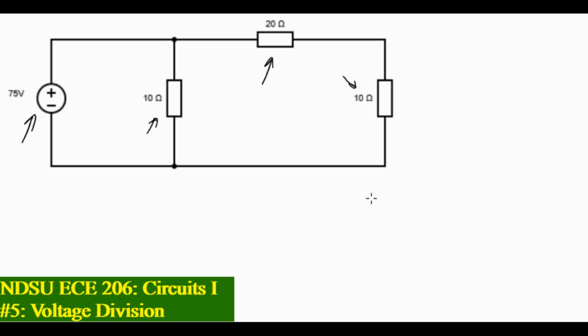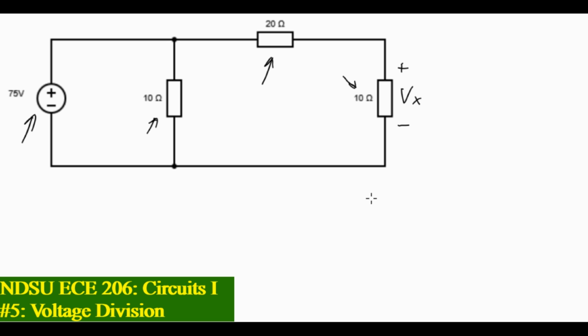Okay, let's say we're going to look for the voltage Vx across that 10 ohm resistor. That's our goal. What does voltage division tell us?